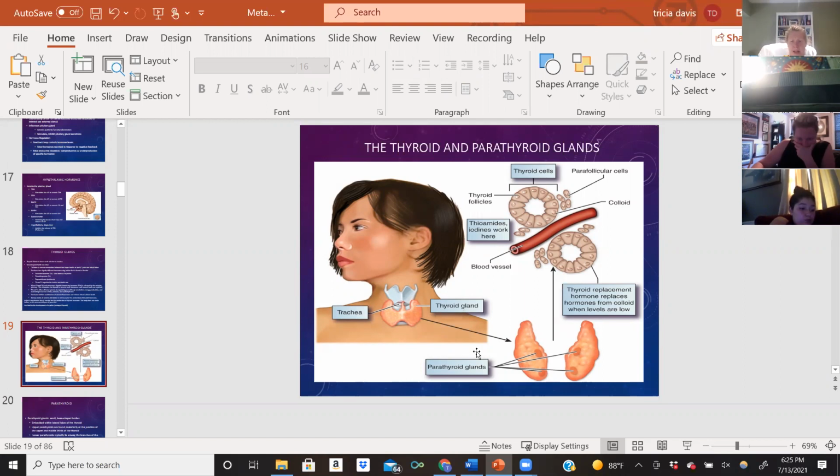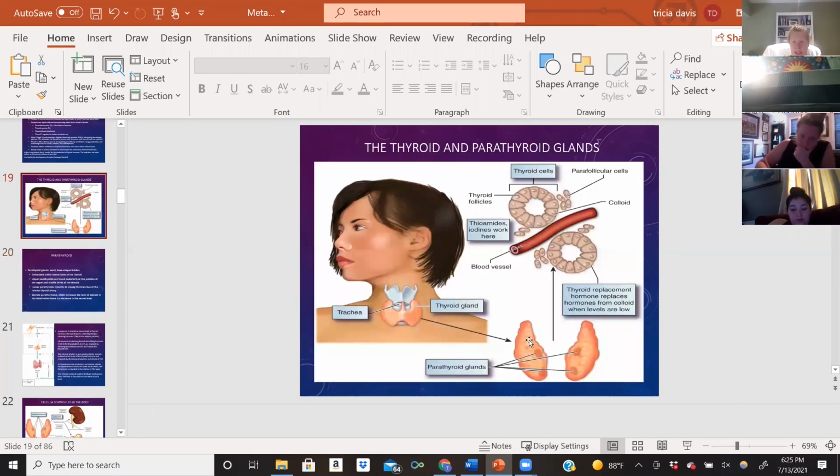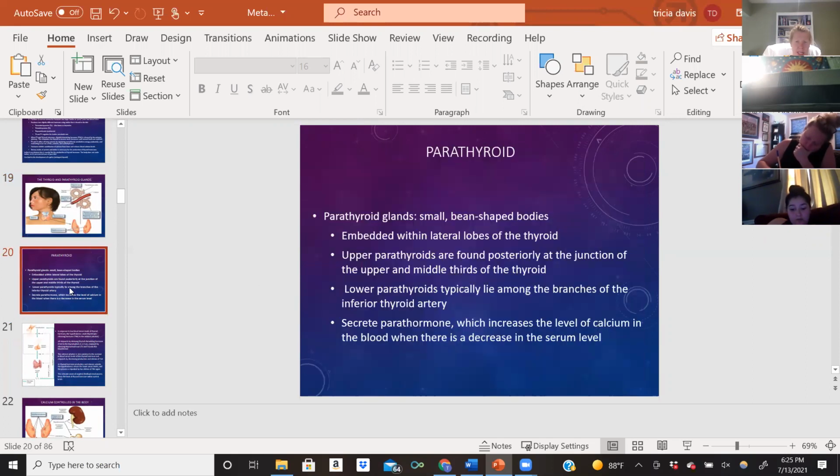This is just a breakdown of where your parathyroid glands are. It just shows you right there. Each thyroid gland has 2 parathyroid glands. There's your trachea. So our parathyroid glands are right here. We just talked about those, right? 2 on each lobe of the thyroid gland.